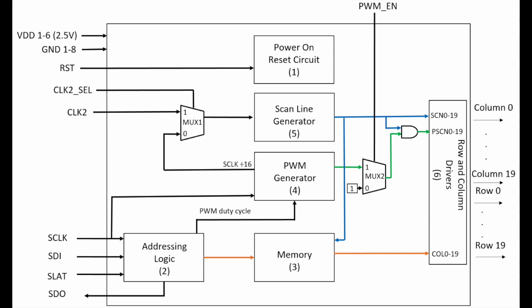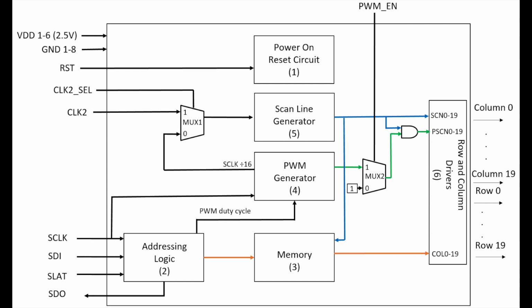Completely asynchronously, the scanline generator is creating enable signals for each row of the display. Due to the passive matrix design of the display itself, the rows must be enabled one at a time. Simultaneously, the scan generator is sending read signals to the memory so that when a row is enabled, the data which should be shown on that row can be retrieved.